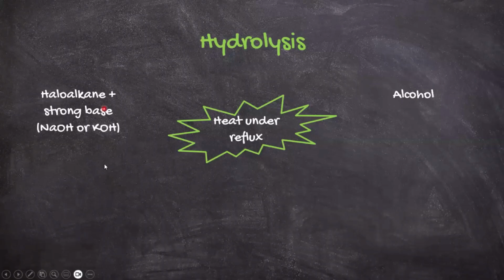So the strong base in this situation, along with the energy from the heat, are catalysts to turn haloalkanes by hydrolysis into alcohols. Are you happy with that set of reaction conditions? Yay! Okay, seeing thumbs up, that's good.